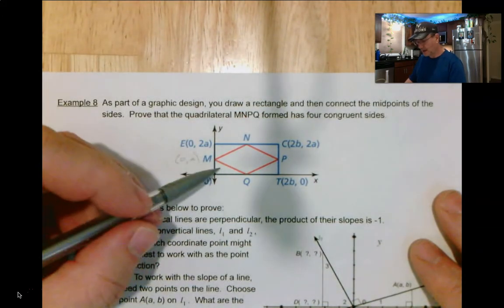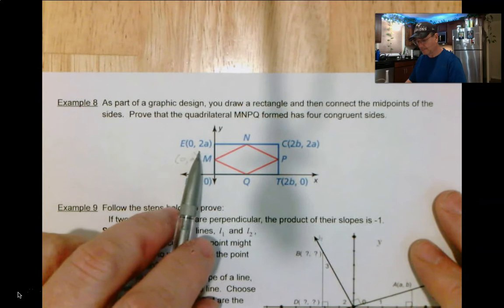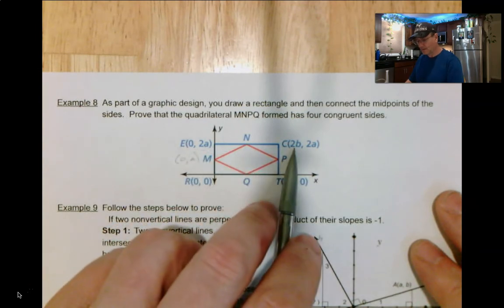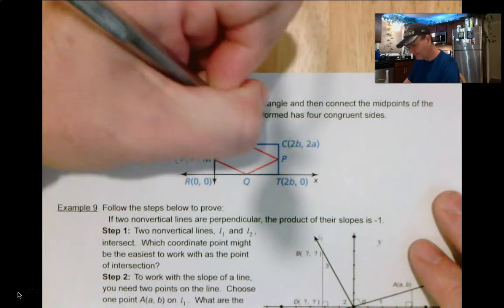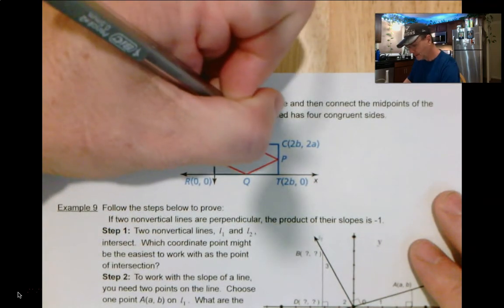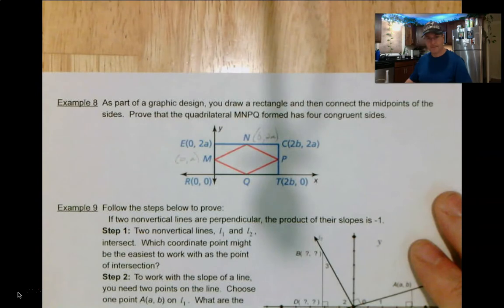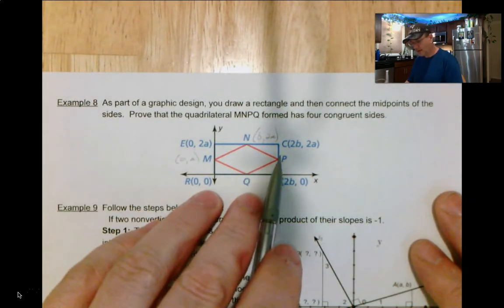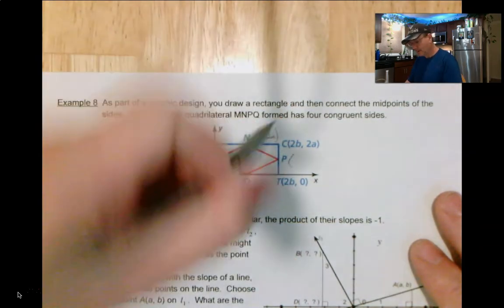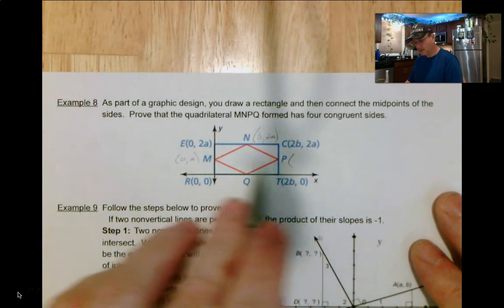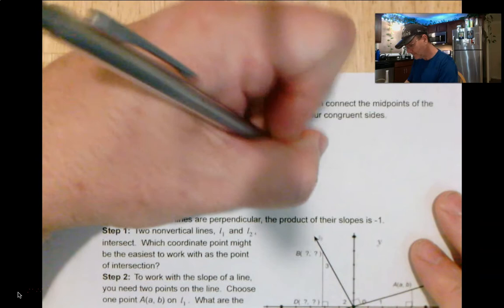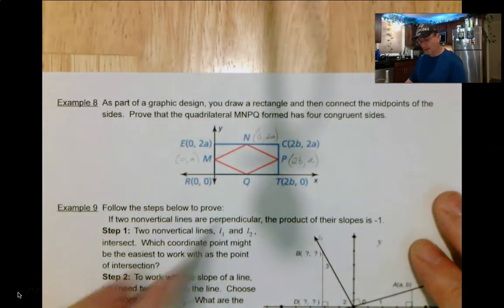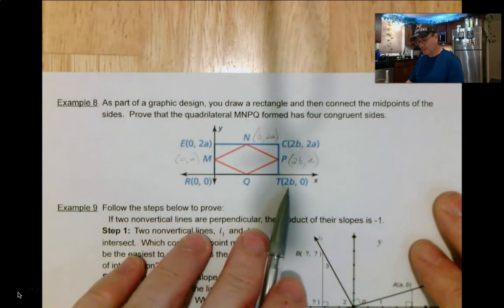Coordinates for N are b, 2a. Coordinates for P are 2b, a. And the coordinates for Q are b, 0.